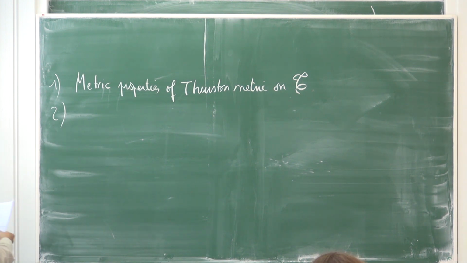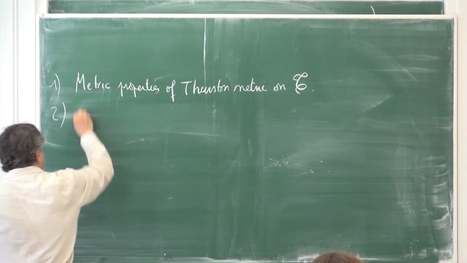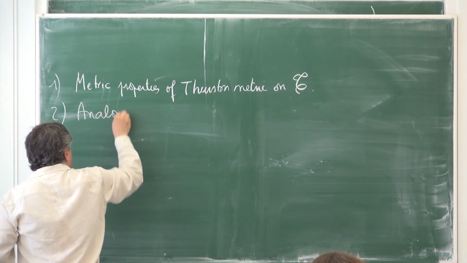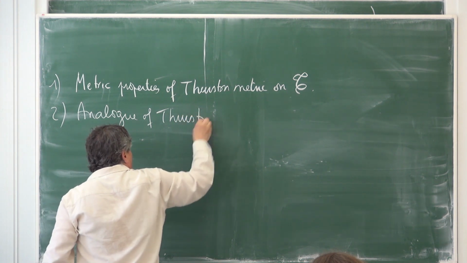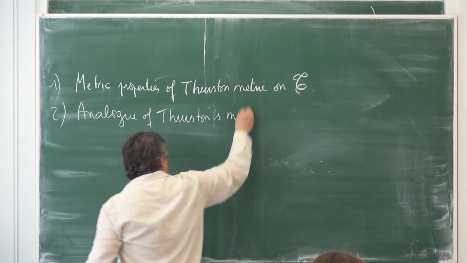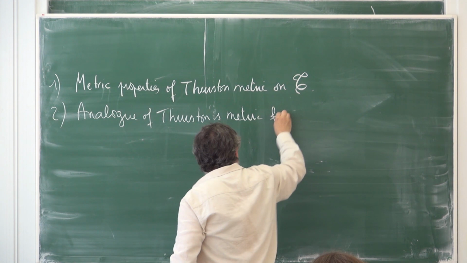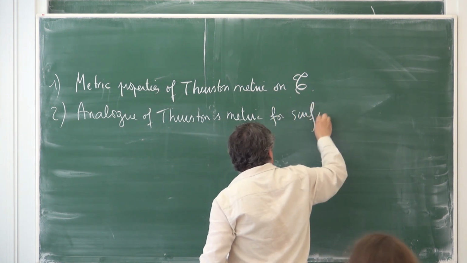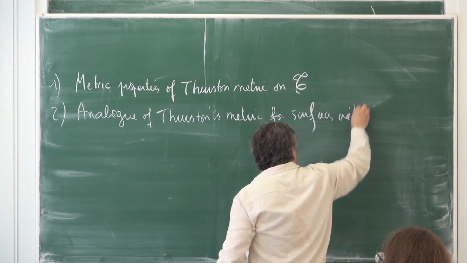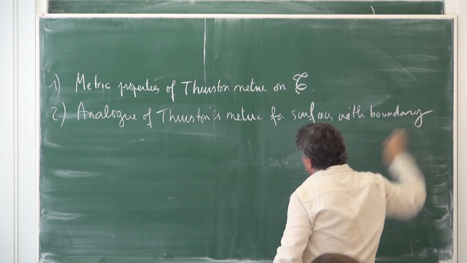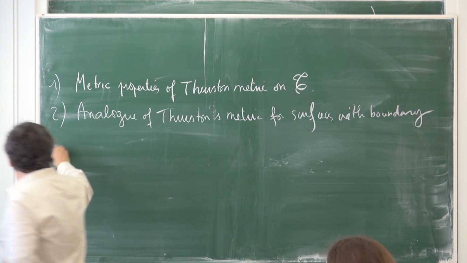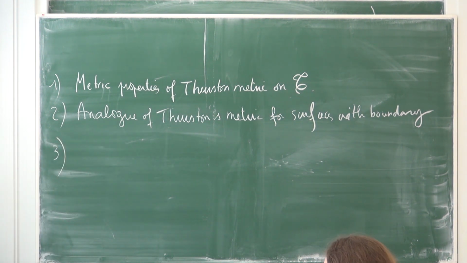The second thing is the analog of Thurston's metric for surfaces with boundary. This is also something which I want to explain to you.